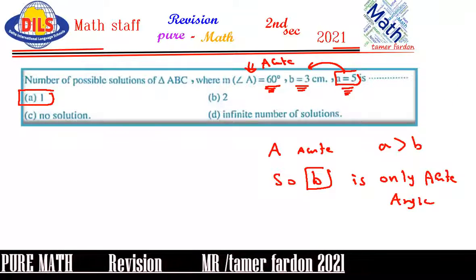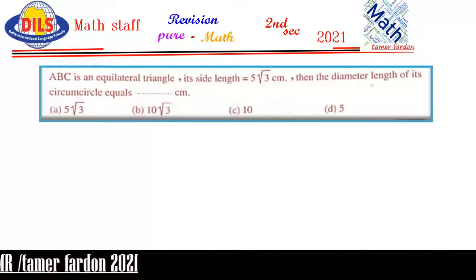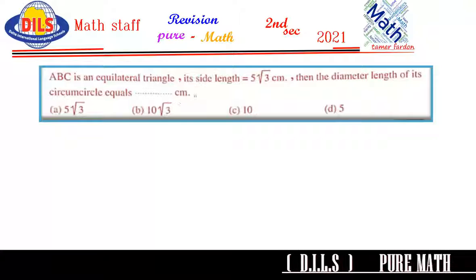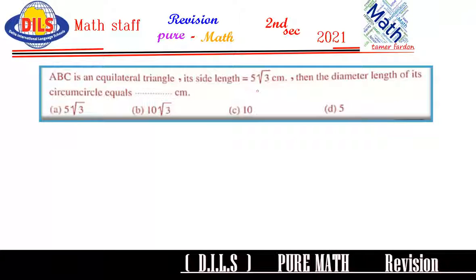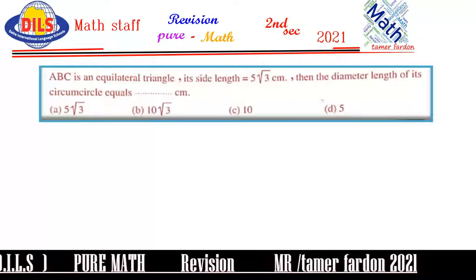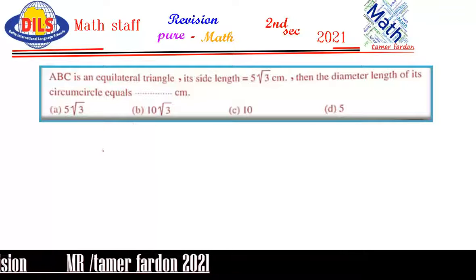The next, ABC is an equilateral triangle. Its side length is 5 root 3 centimeters. Then the diameter length of its circumcircle equals?